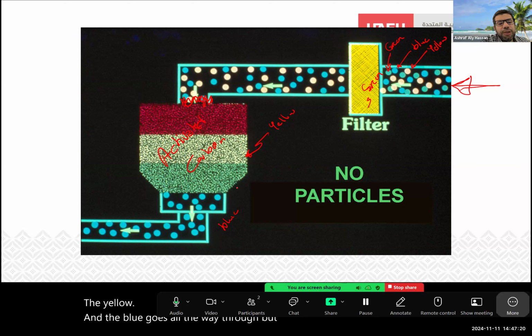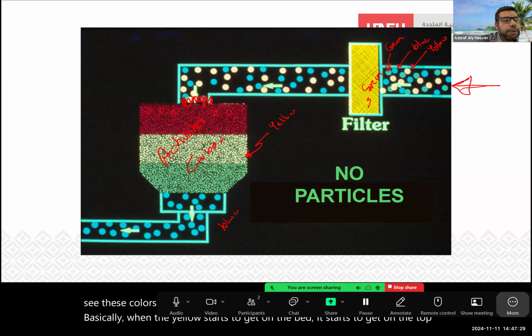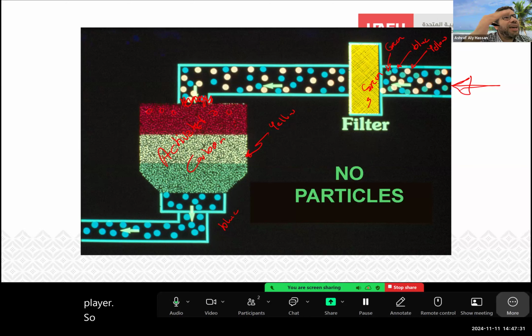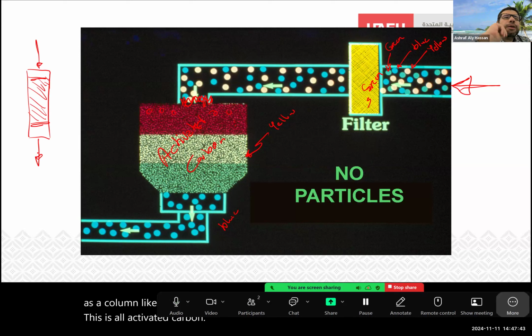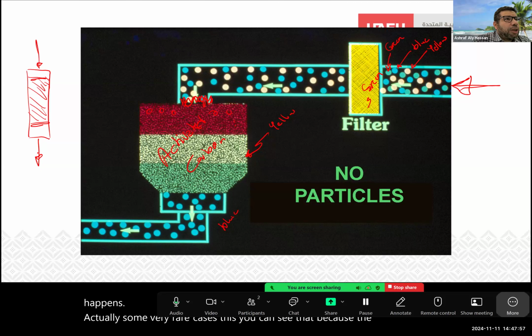But why do you see these colors? Basically, when the yellow starts to get on the bed, it starts on the top layer, and they start to fill layers as they go. Imagine it as a column like this. This is all activated carbon. Now, this is just colors to show you the breakthrough, but it's not actually what happens. In some very rare cases you can see that, because the chemical reaction, the chemisorption, changes the color of the surface.